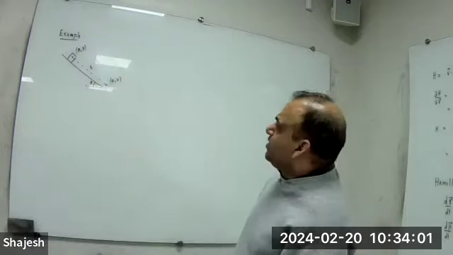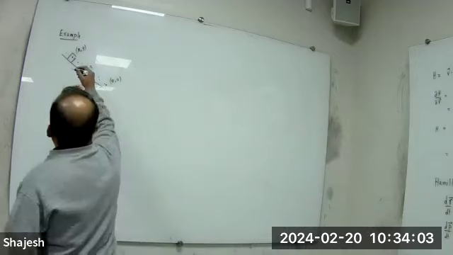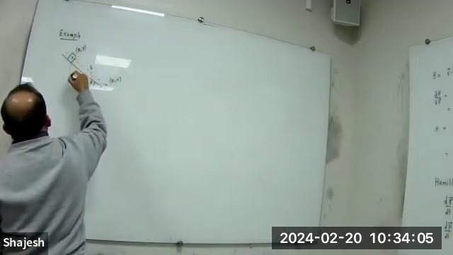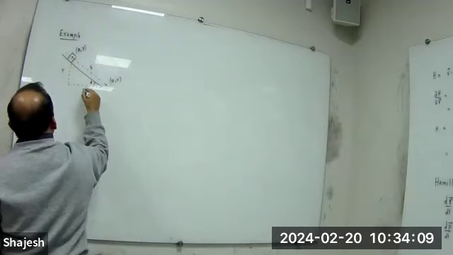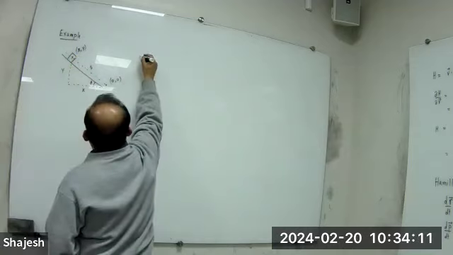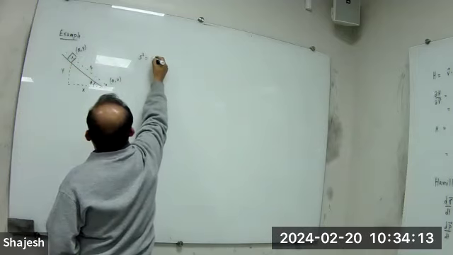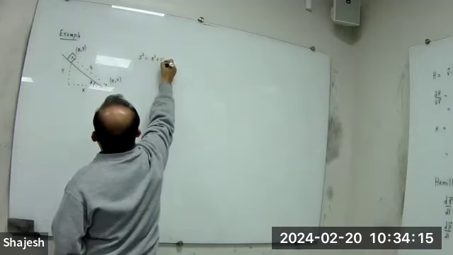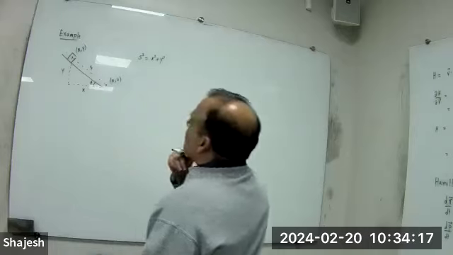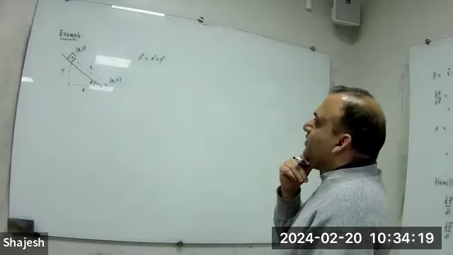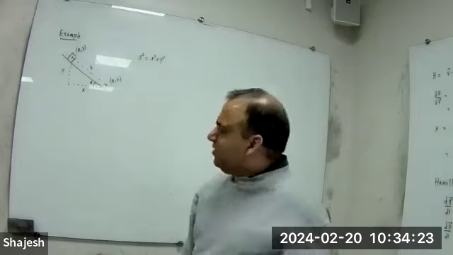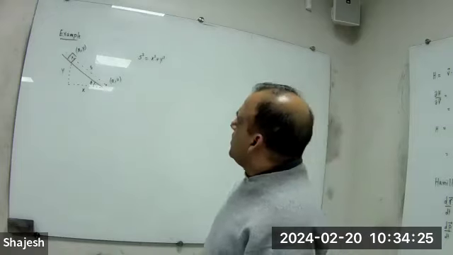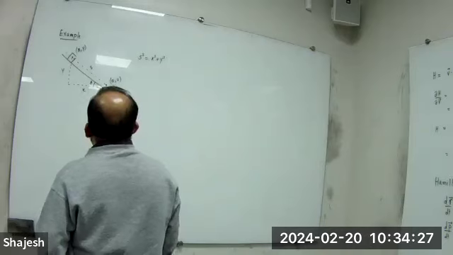And these are our distances, so that's your y and that's your x. So it is clear that s squared is equal to x squared plus y squared. Better? Think so? Okay.